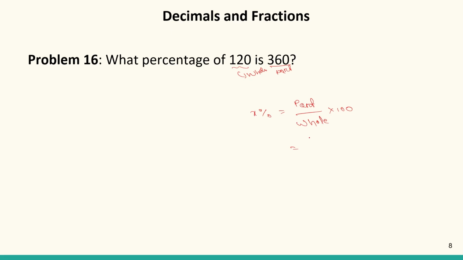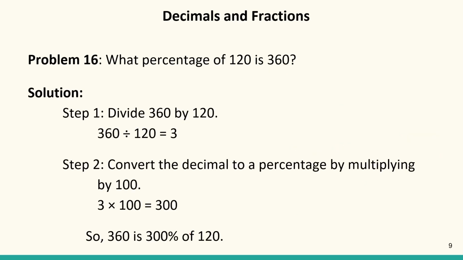So here the part is 360, whole is 120, into 100. We can cancel a 0 here, and 360 by 12 is 30, into 10, which is equal to 300%. So the answer is 300% here.